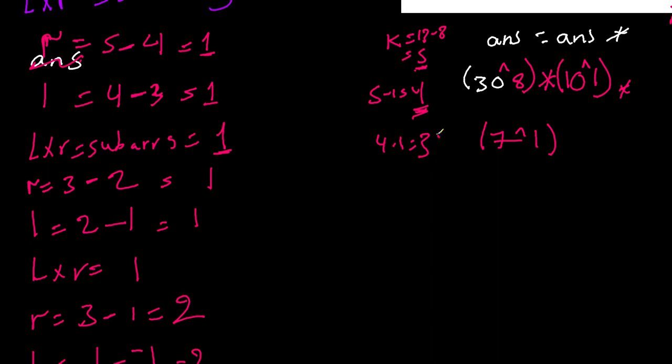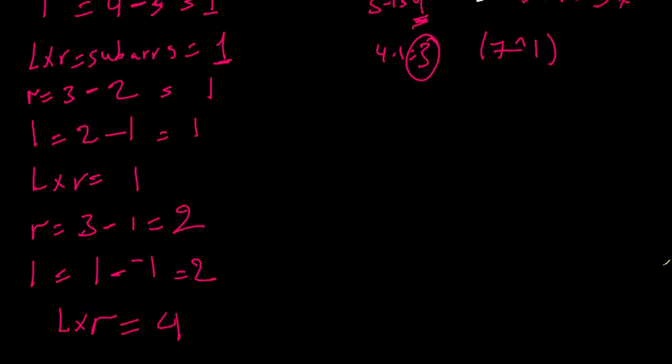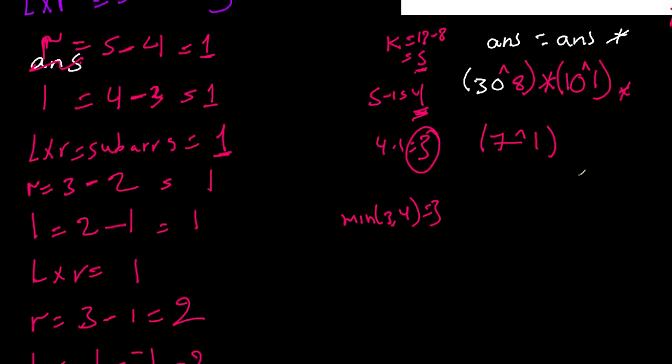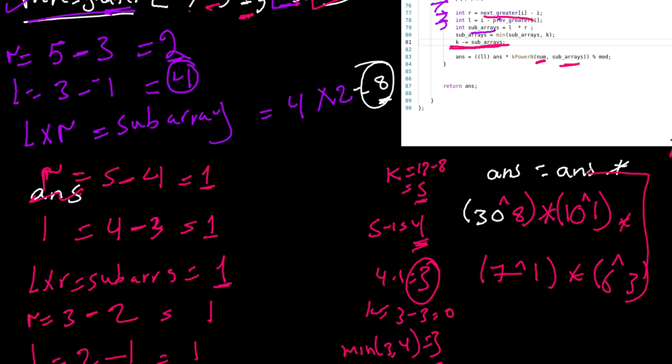And here we need only 3 operations because k equal 3. So min of 3 and 4 equal 3. So we multiply the answer by the original number 6 to the power 3. Then k equal 3 minus 3 equals 0, and we are done. So this will be the final answer.